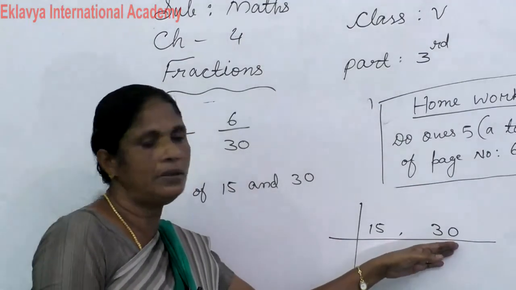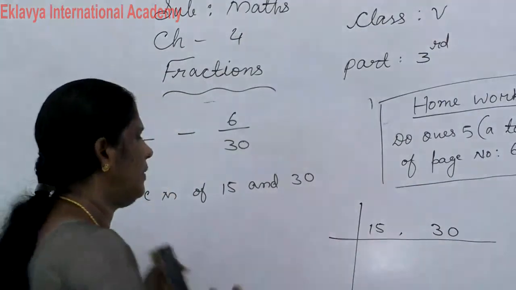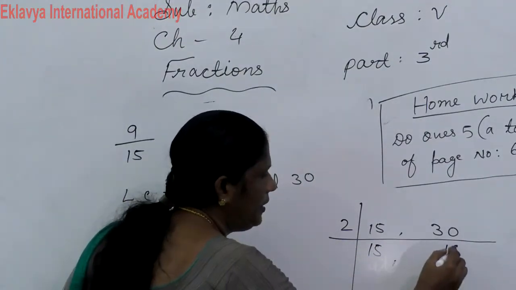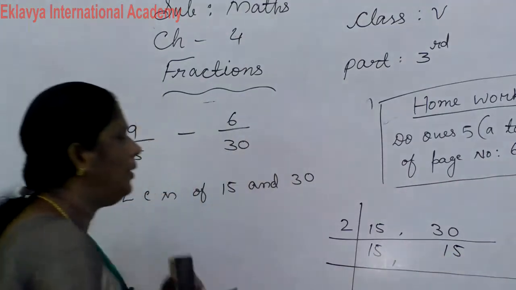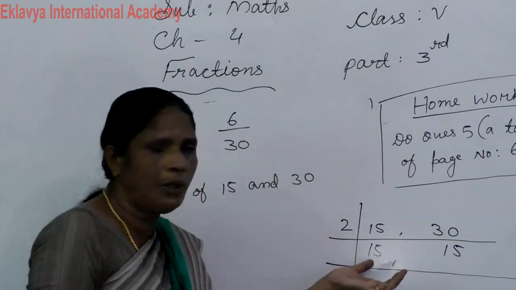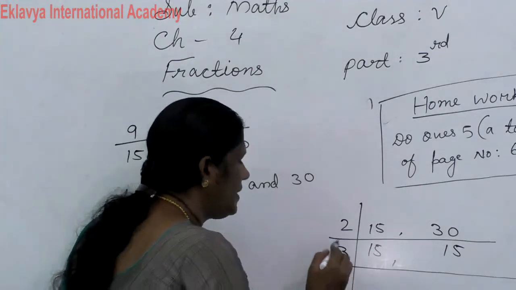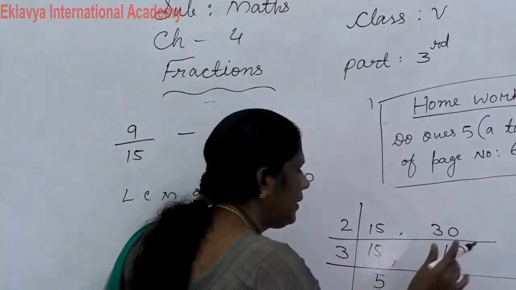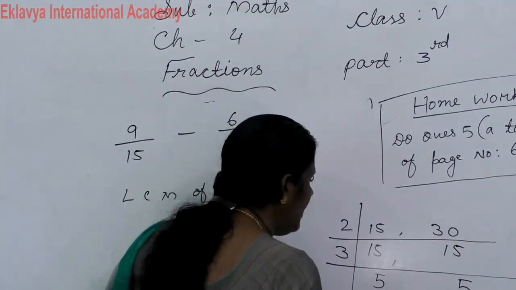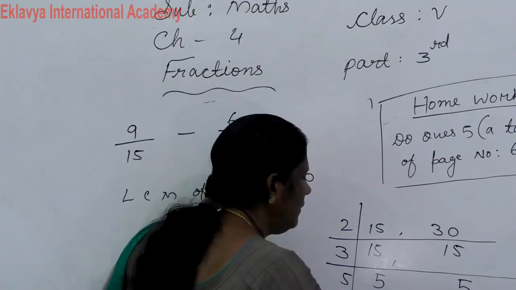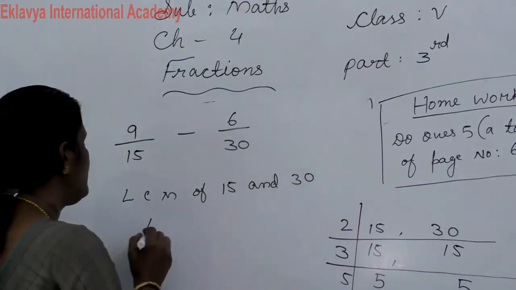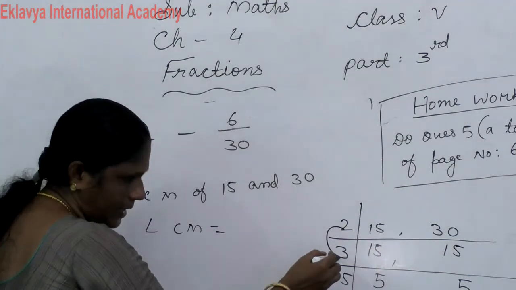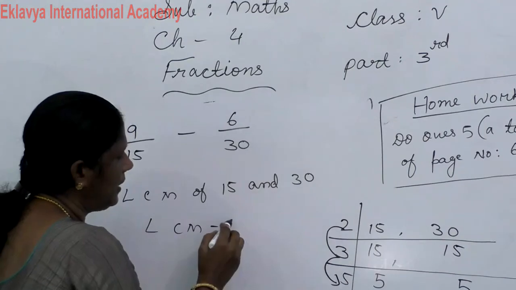No. Is 30 divisible by 2? Yes. As it is you write here, then 15. Again, which table goes? Next prime number is 3. How many times? 5. Here also 5. Next 5, 1, 1. LCM is 2 threes are 6, 6 fives are 30.